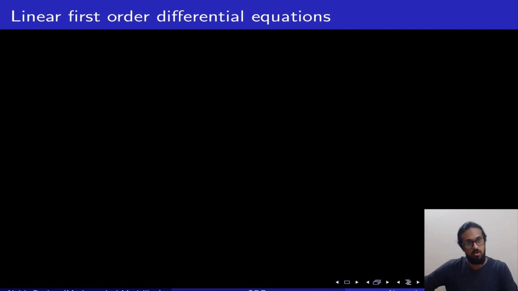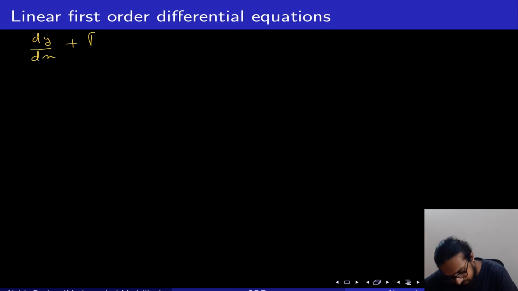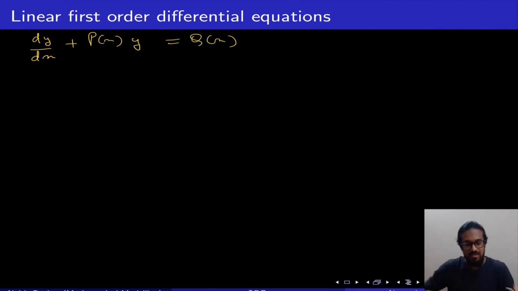So what is the form of a linear differential equation? Commonly it is written in the following way. Any equation that can be written in this form is called a linear first order differential equation.